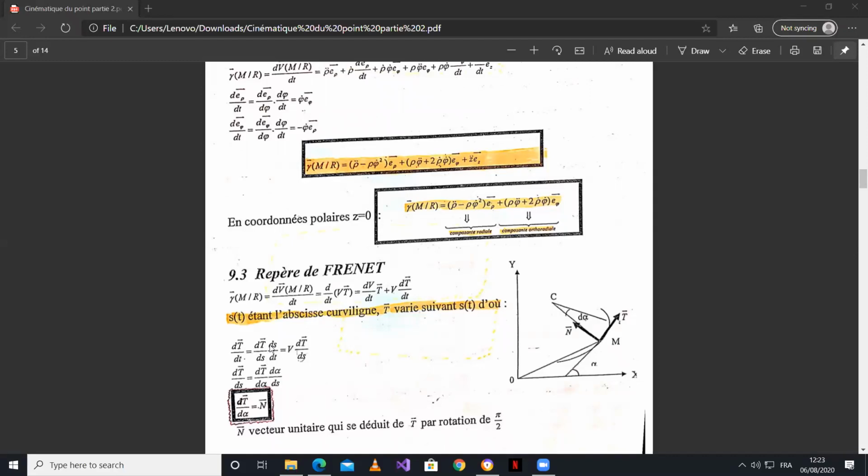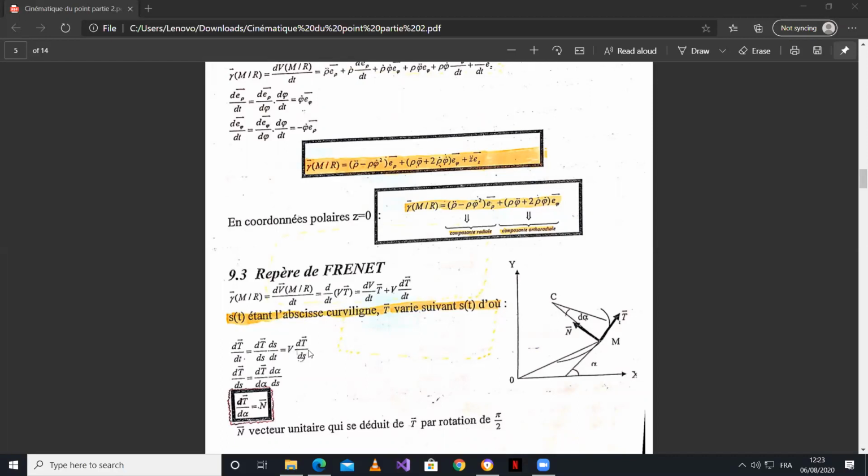And we know that ds over dt, as we derived from the very definition of the velocity, is equal to the magnitude of the velocity, which we just called v without an arrow on top. We just write v to show that this is the magnitude of the velocity. Vector vitesse, or vector velocity, has an arrow on top of it, but the magnitude does not. So ds over dt, we said it's equal to v. And that's the v here. So now we have v multiplied by dT over ds.